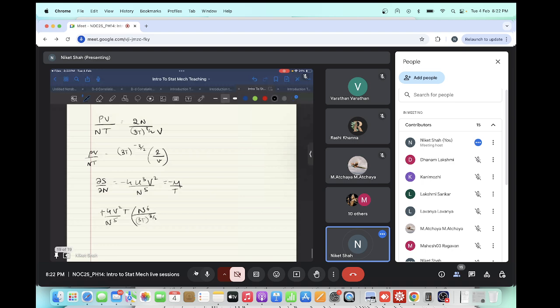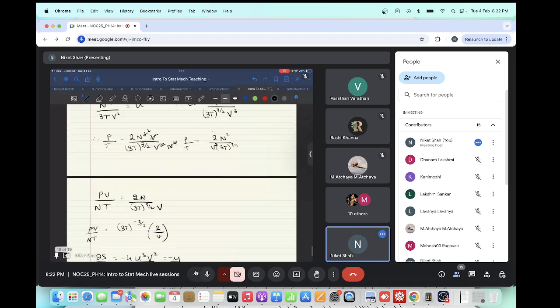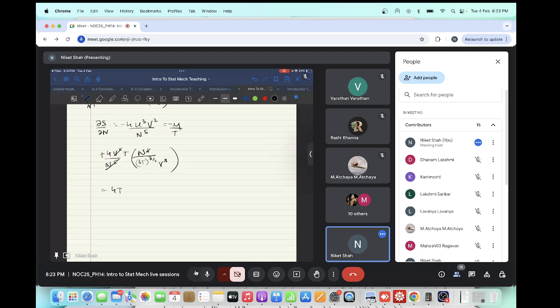is equal to 4t n, 3 raised to power 3 by 2.